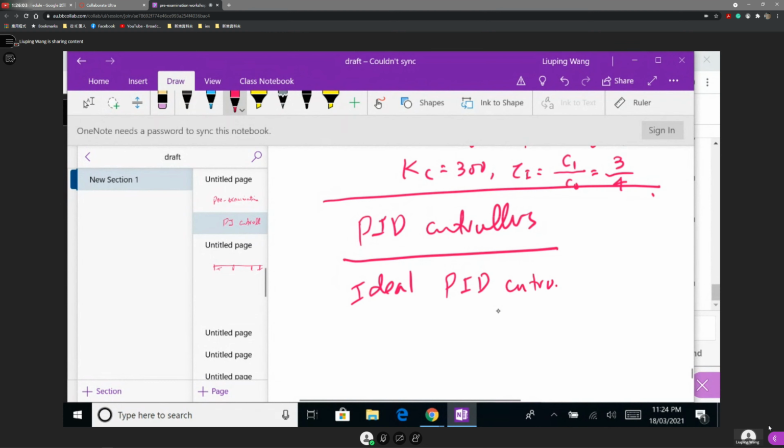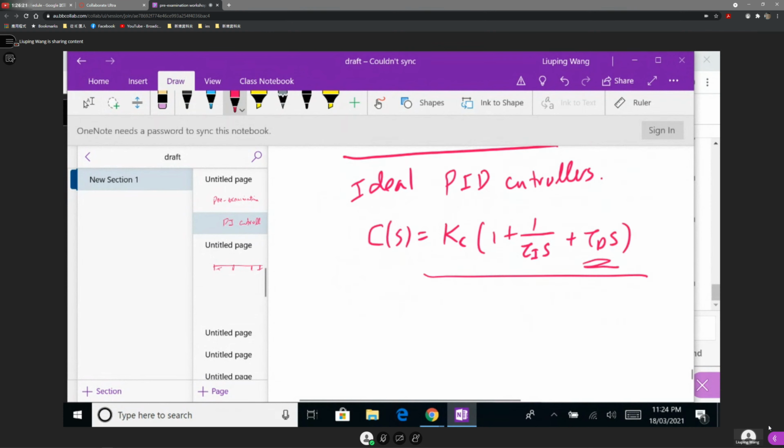So we still have the proportional bit and the integral bit and the derivative bit, right? So you have the extra bit, tau d. So this is what we're going to use for implementation.